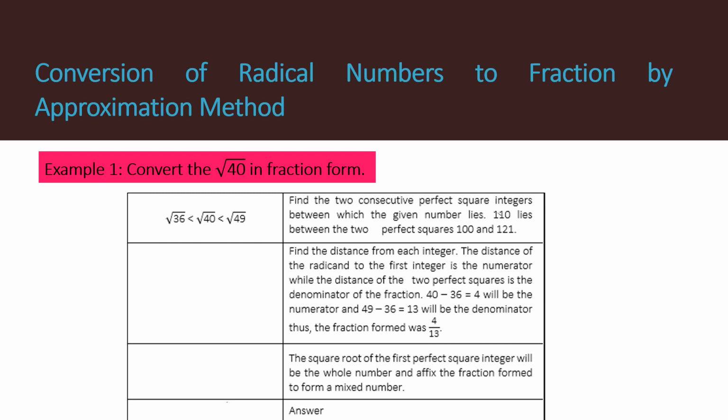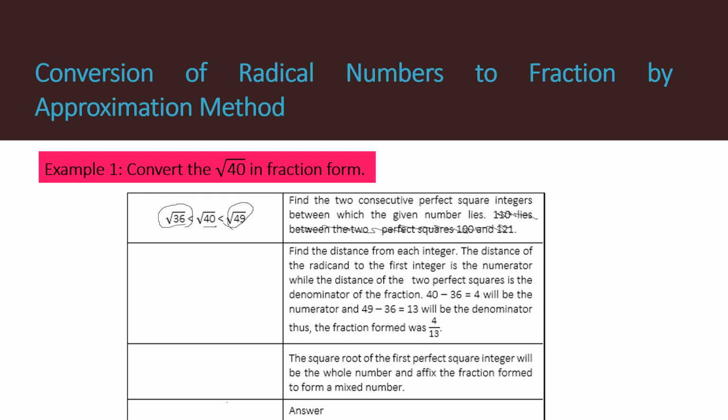So the square root of 40 lies between the square root of 36 and the square root of 49. Next, find the distance from each integer. The distance of the radicand to the first integer is the numerator, while the distance of the two perfect squares is the denominator of the fraction.